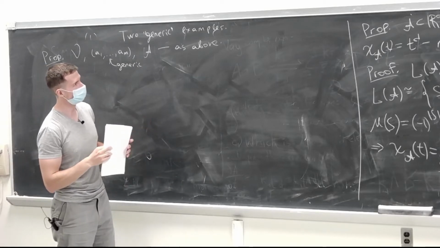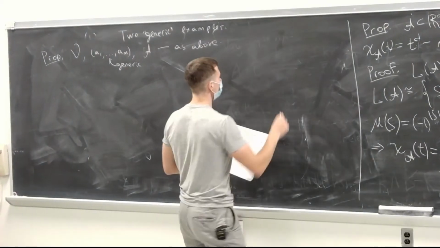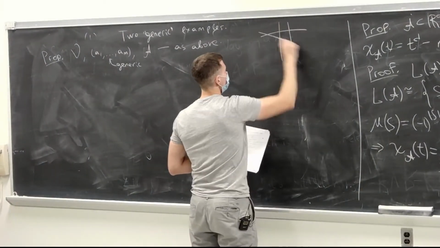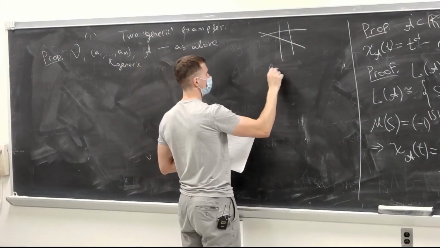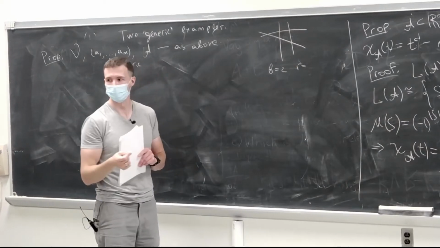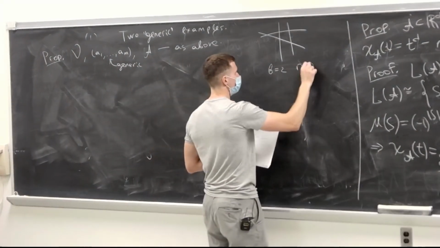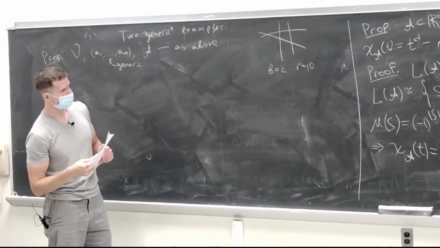and the characteristic polynomial. By the way, let me try to draw that example again. What's the number of bounded regions? 2. What's the number of regions? 10. Okay. So what is it going to be in general?